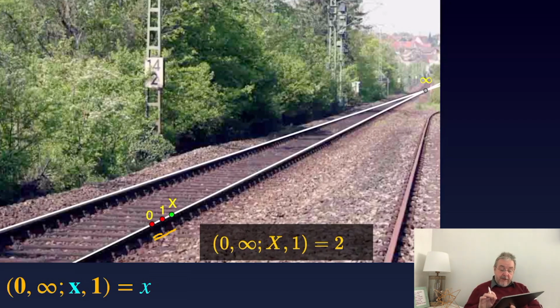And this works nicely even if we move the points around. Here I take my point and move it now 3 units apart, and you see this is nicely reflected by the cross ratio. Here you have the situation where you are 4 units apart, and you really see here you have 1 unit, and you have here 1, 2, 3, 4 units apart to get this position of this screw.